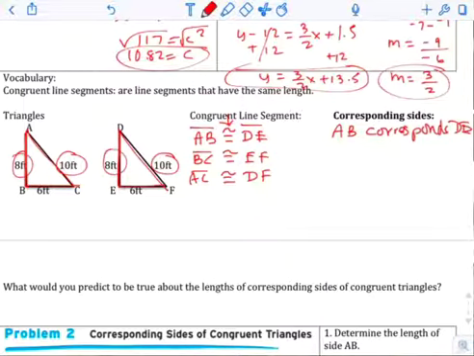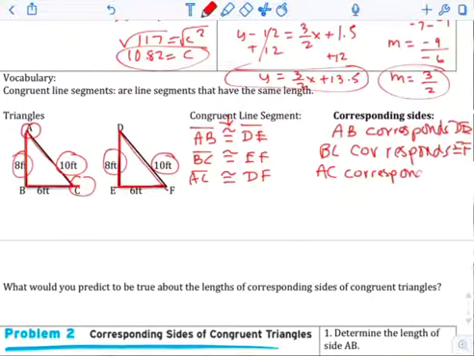Corresponding sides are congruent sides. BC corresponds to EF. AC corresponds to DF.